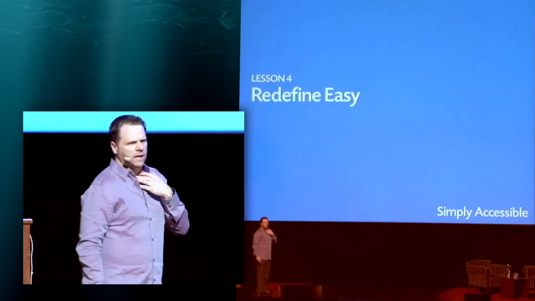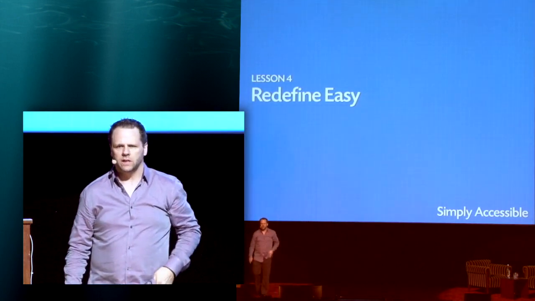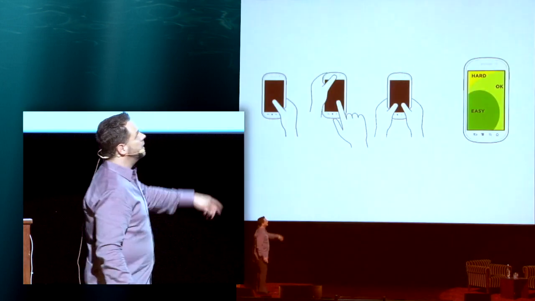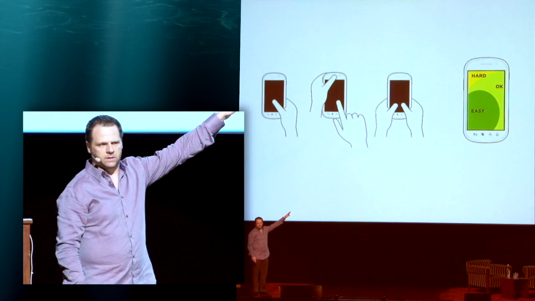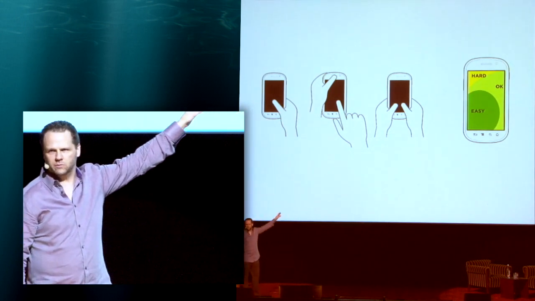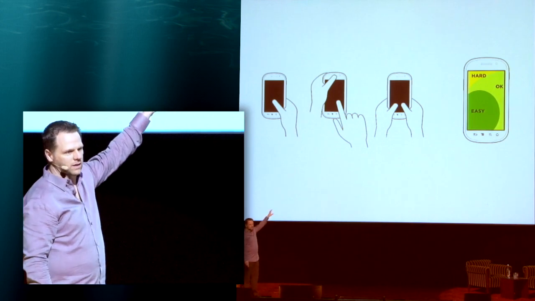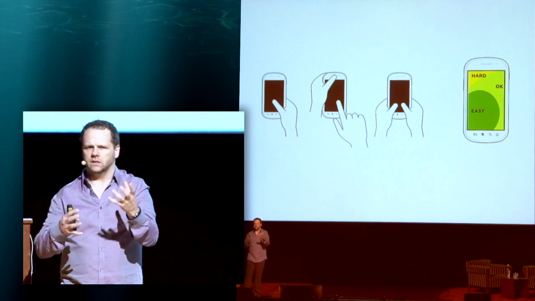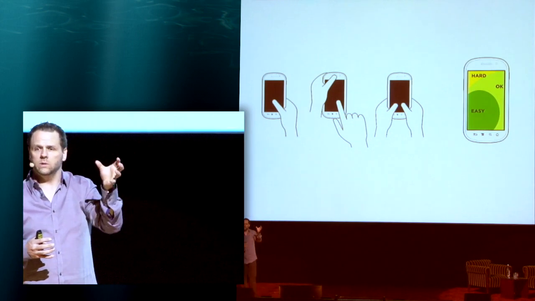We also have to redefine easy when we're thinking about responsive design and accessibility. How many of you are familiar with this series of illustrations? This is something that Luke Wroblewski put on his blog, and he's talking about these different phone holding techniques, right?